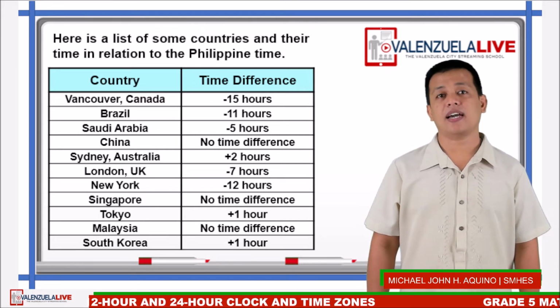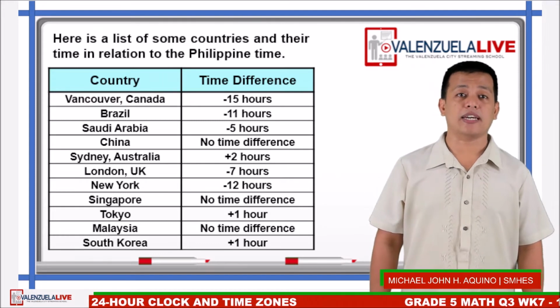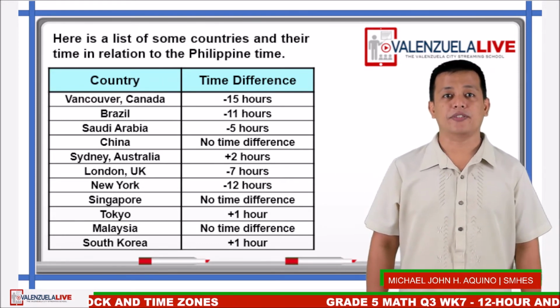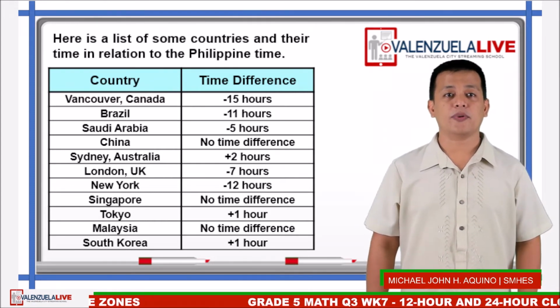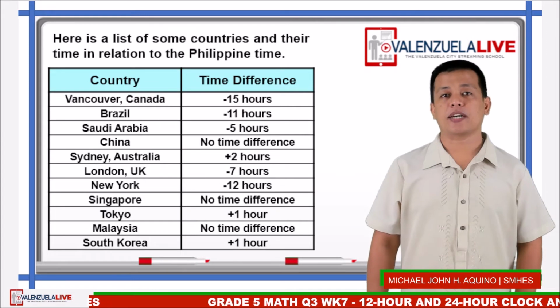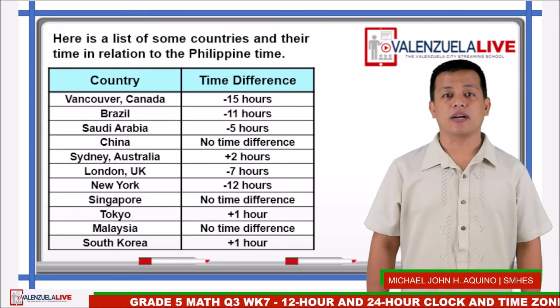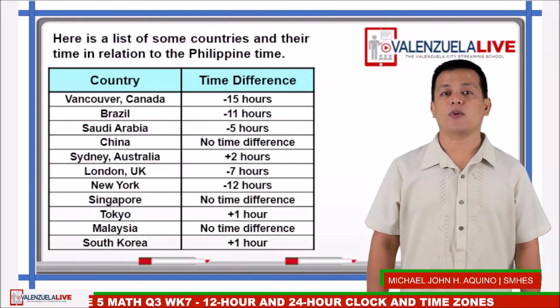China has no time difference with the Philippines because China is also in the positive 8 time zone. Sydney, Australia, positive 2. Then Tokyo, positive 1. Singapore, no time difference. Malaysia, no time difference. South Korea, positive 1 hour.